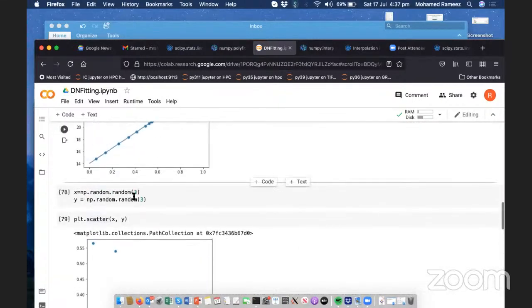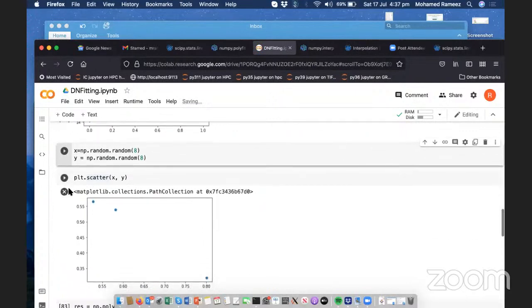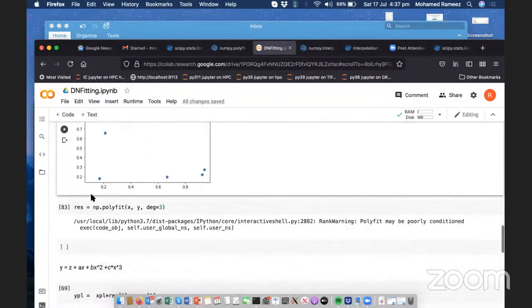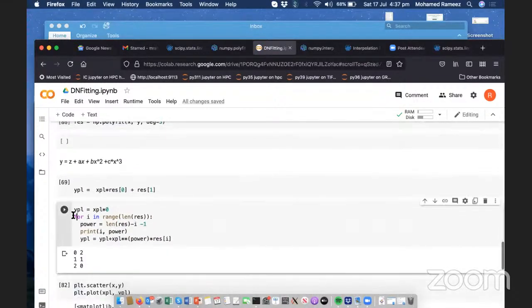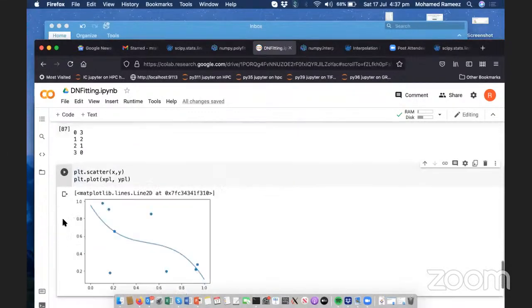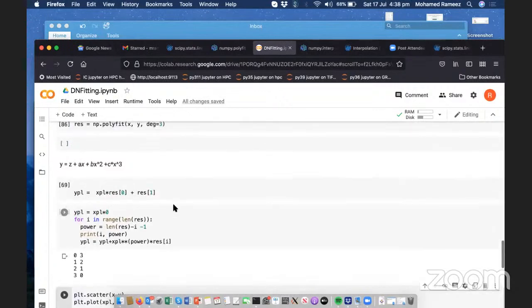So let us now examine a case of 8 points, just to illustrate this better. You see I have 8 points here. I can fit a 3D polynomial to this, and you see it is not a very good fit, but it is able to do a fit.